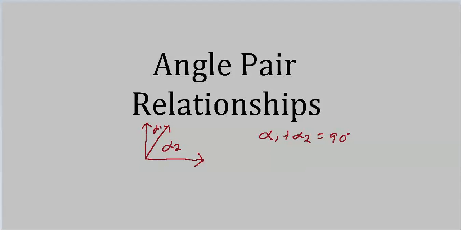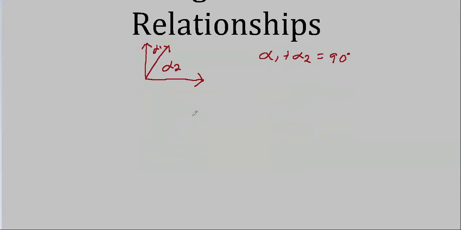Suppose, on the other hand, we have a straight line. And we put a ray in there so they can form an angle. Now we have alpha 1, alpha 2.